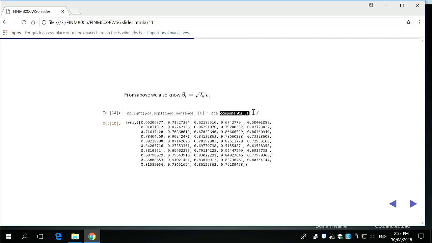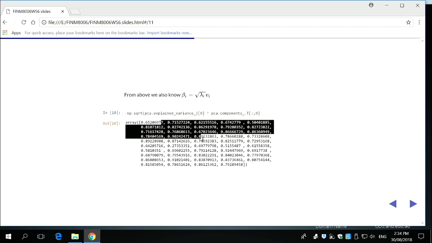I take all the rows and the first column, the first vector of it, and that will just give me v. In that sense, I can calculate what the beta is. So this is the first beta, basically beta 0.